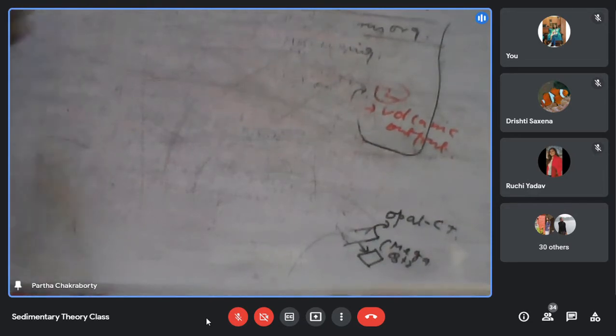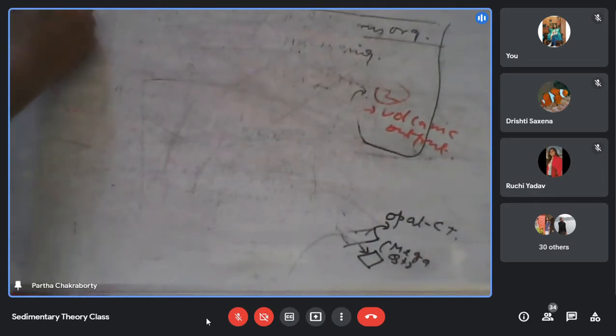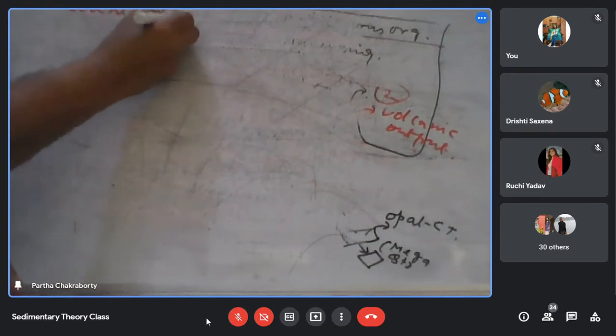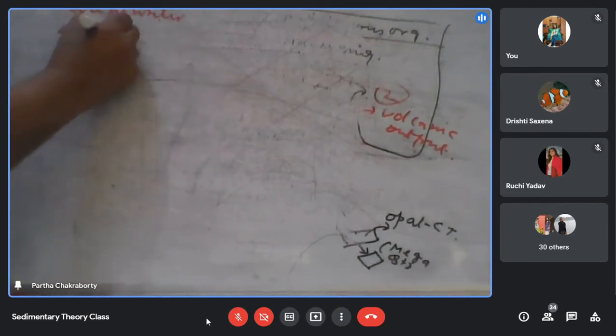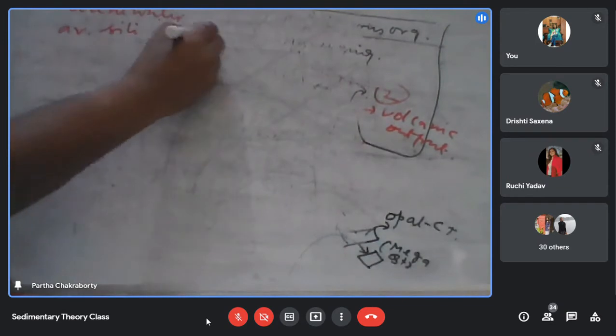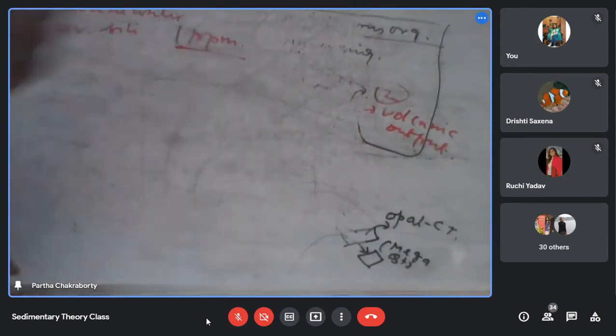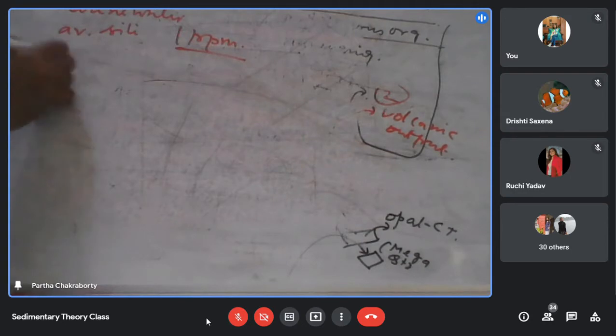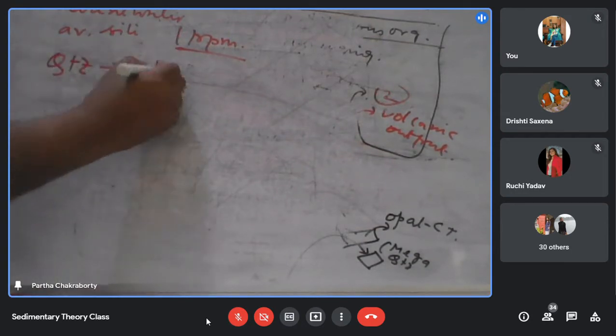In case of marine water, the average silica concentration is 1 ppm. If you see the solubility of quartz in marine water, it is 11 ppm.